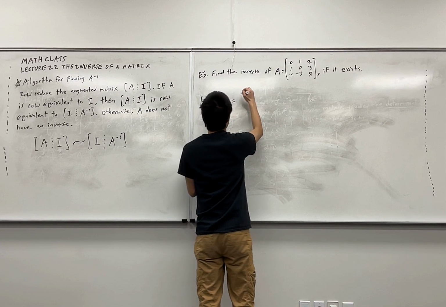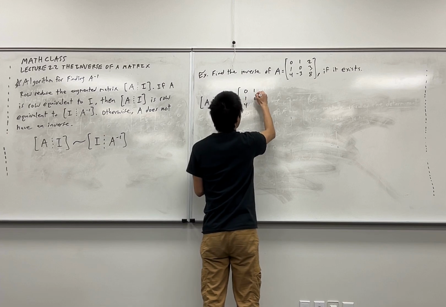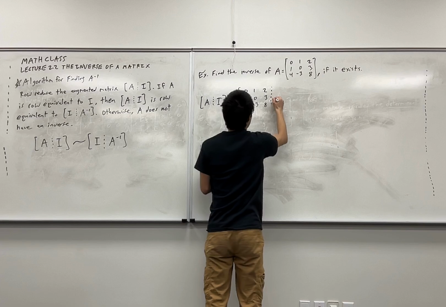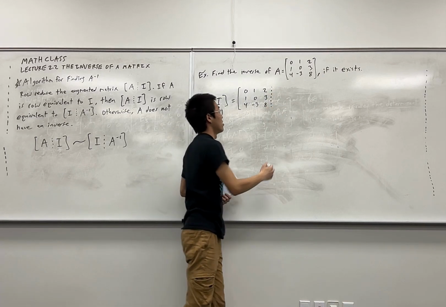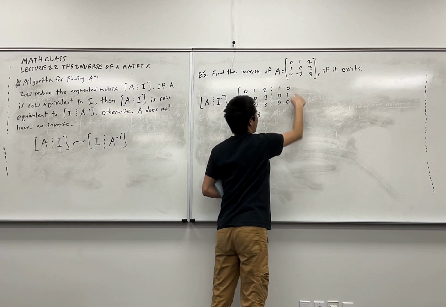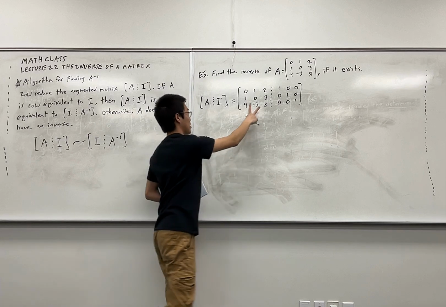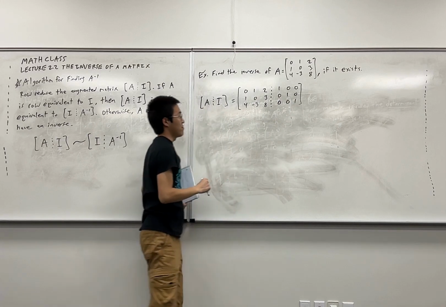So this is, in this case, 0, 1, 4; 1, 0, -3; 2, 3, 8. So I'm augmenting this with the corresponding identity. So what should this column be? 1, 0, 0; then 0, 1, 0; and 0, 0, 1. Bingo. My matrix A, my corresponding identity that's going to keep track of how things go.